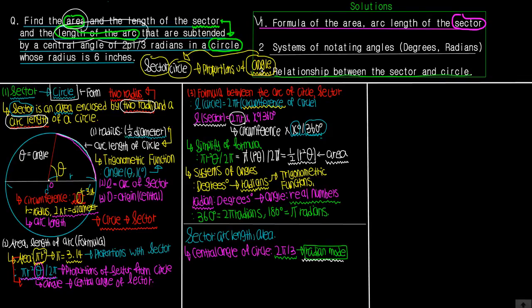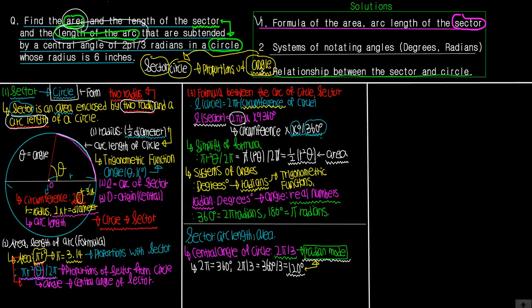We know that 2 pi is 360 degrees, so 2 pi divided by 3 is 360 degrees divided by 3, and our central angle will be 120 degrees. But it won't be really useful for solving this question because it is a radian mode question, so we need to solve it according to what the question told us.